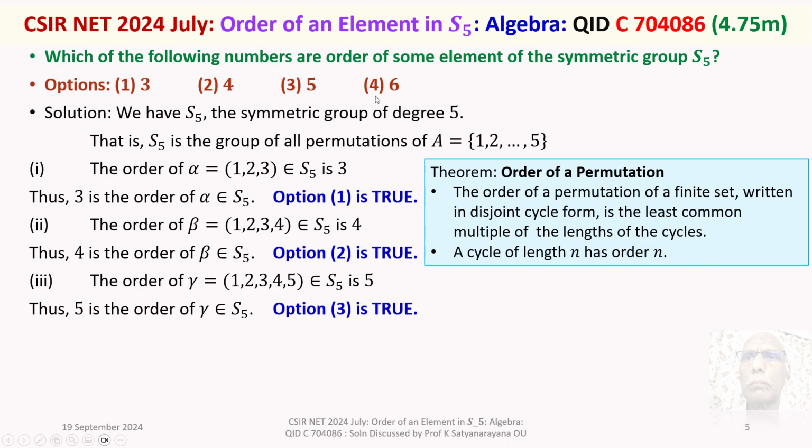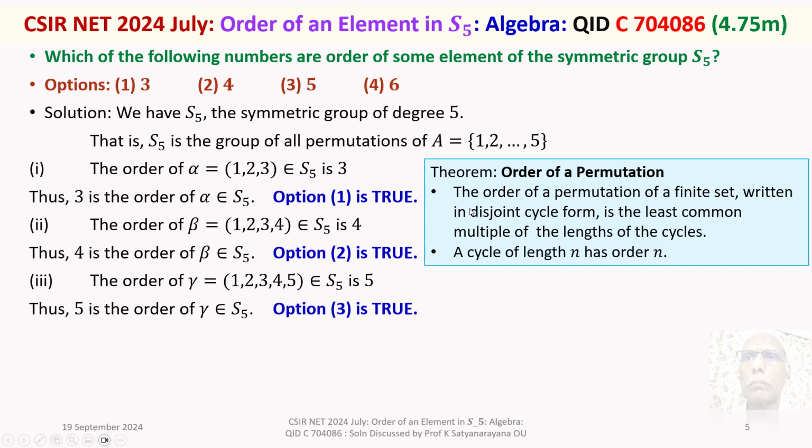Move to option 4, of order 6. So, what we do is take a permutation written as the product of disjoint cycles: a 2-cycle multiplied by a cycle of length 3.